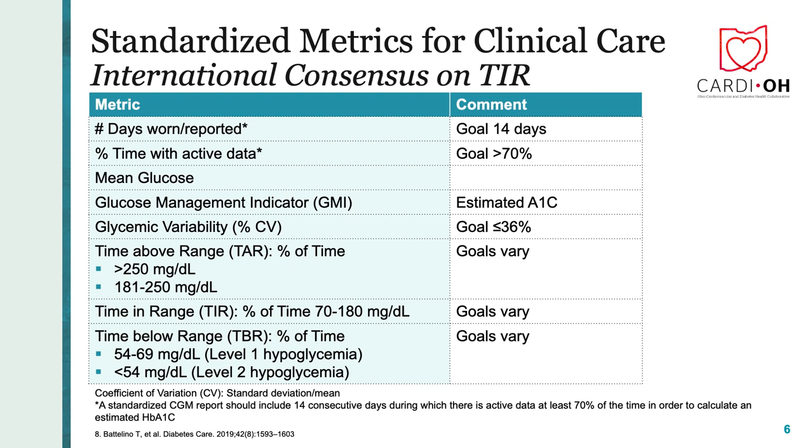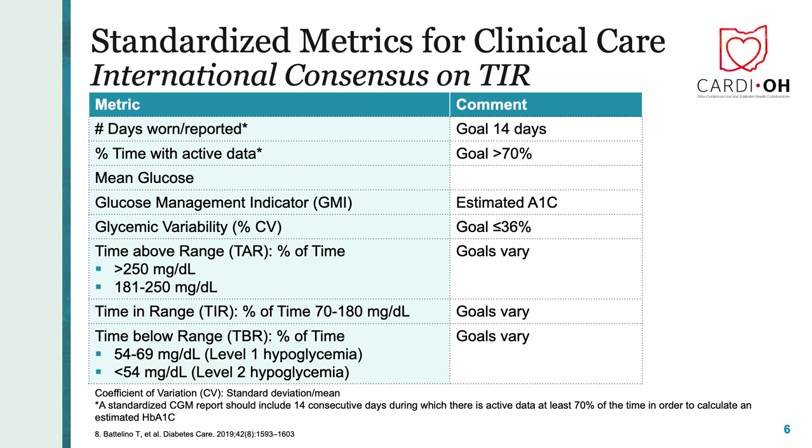The reason for this is because, on average, approximately 70% of the glucose values available from a 14-day report are needed to have an adequate assessment of A1C and to estimate that using the glycemic management indicator. And as follows, there are other metrics that can be utilized.